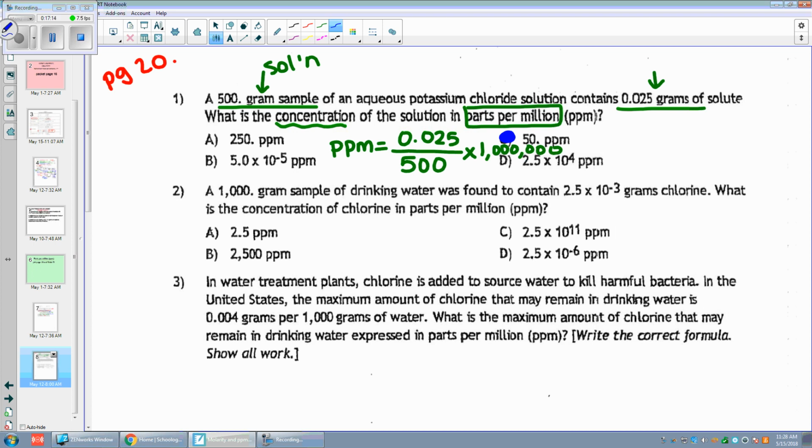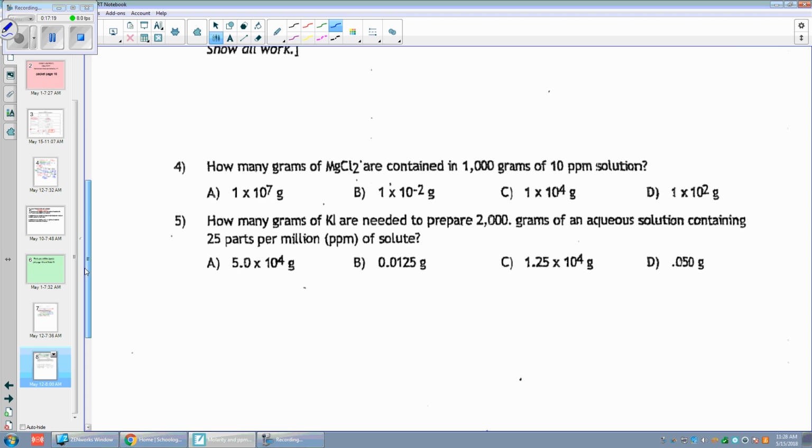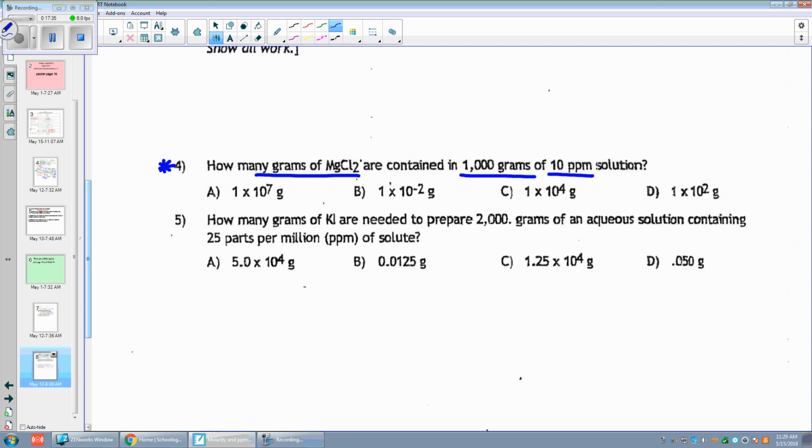If you go to do a different type of problem, let's skip down to number 4. Number 4, very similar, but I have to set it up a slightly different way. It says how many grams of MgCl2 are contained in 1,000 grams of a 10 ppm solution. So this is my solution. And this how many grams, I want to know how much solute do I have in there.